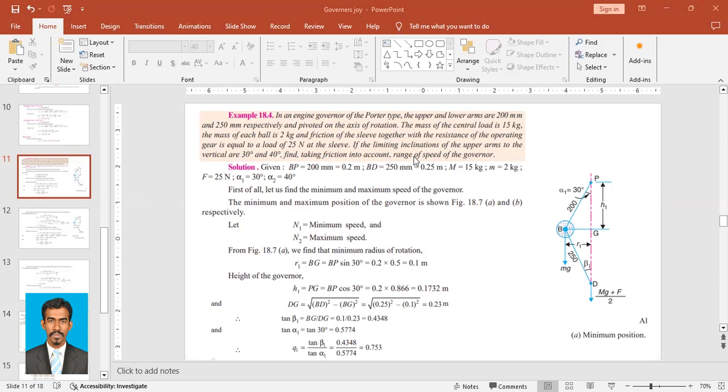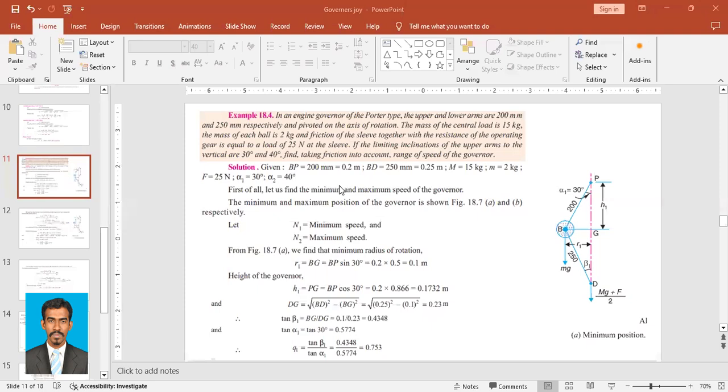Taking friction into account, we have to find the range of speed of the governor based on these conditions. The maximum range of inclination is 30 to 40 degree, and now we have to find the speed range.